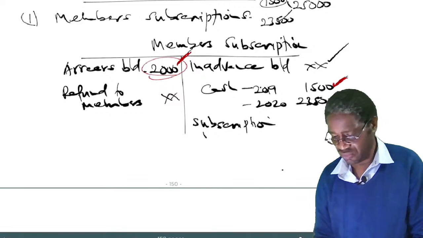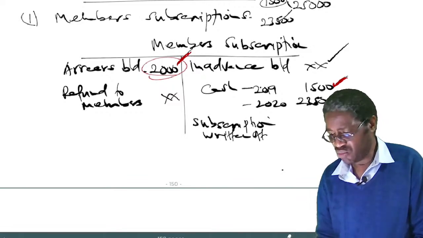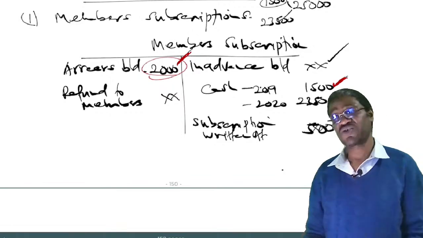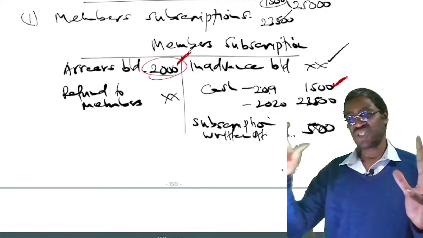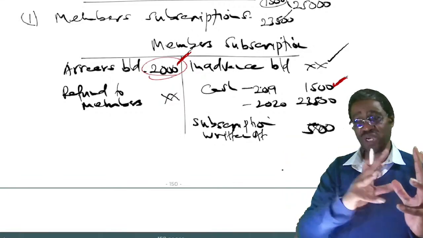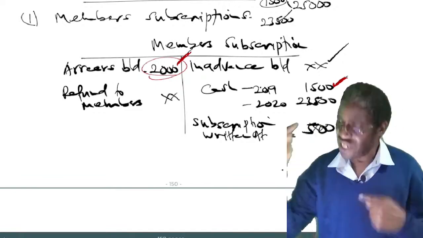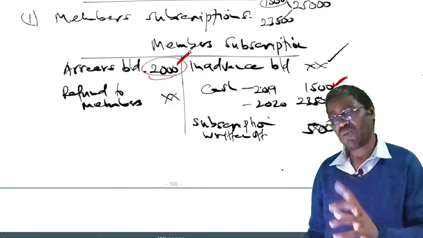Subscriptions written off should be credited, which in our case here will be 500 for purpose of illustration. Out of the 2,000 on the credit, on the debit, we have received 1,500. The other 500, we have not received it. It's still owing for more than a year. So we write it off if that is the policy. Most questions sometimes talk about it that way.